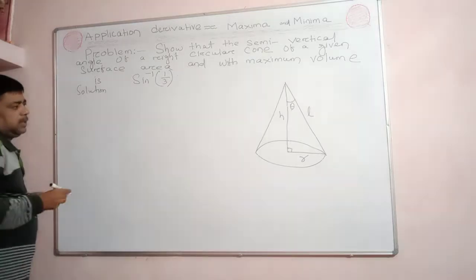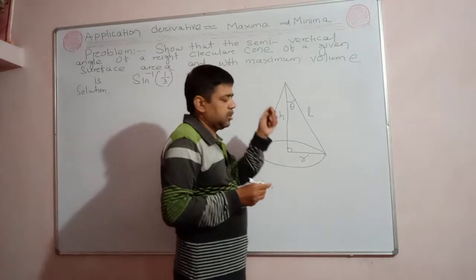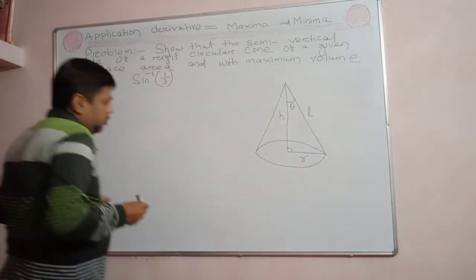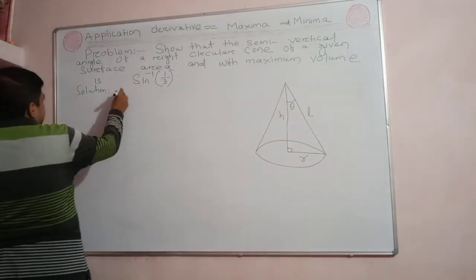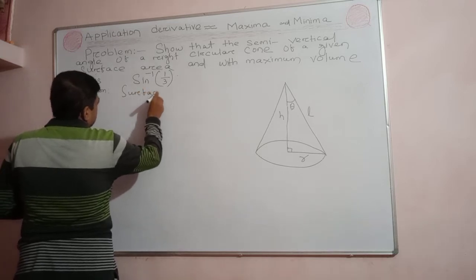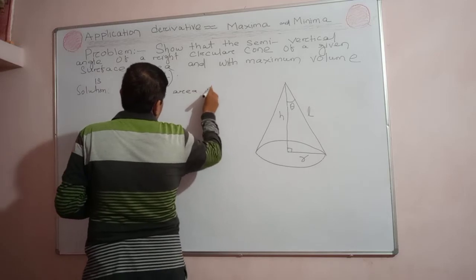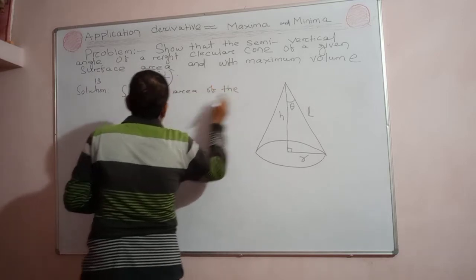All of you know the right circular cone. Let us write the surface area of the right circular cone.